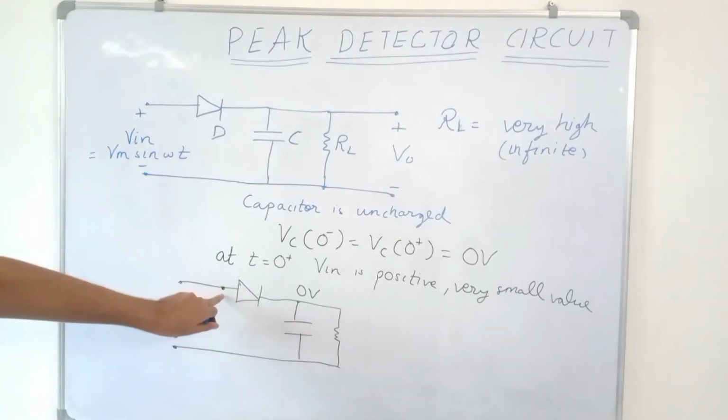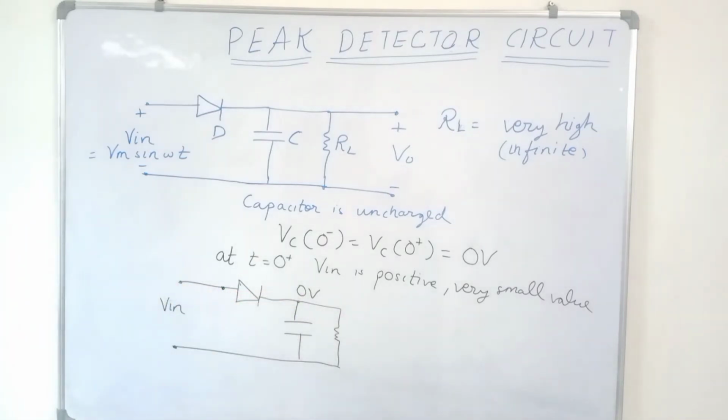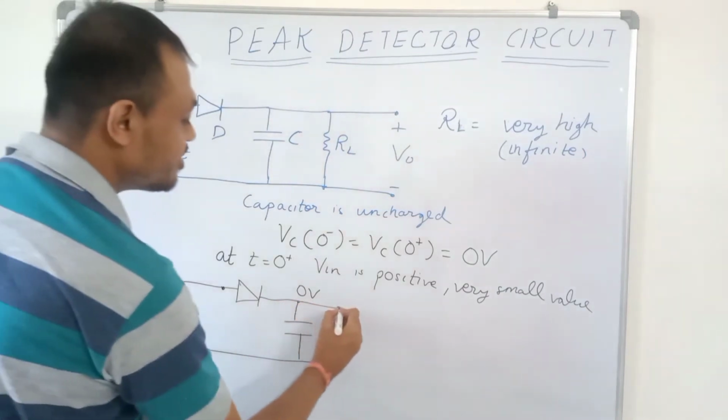So the P terminal of the diode is connected to a positive voltage and the N terminal of the diode is connected to 0 volt. So the diode will be forward biased.